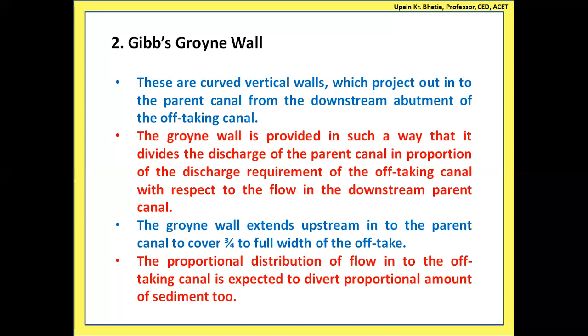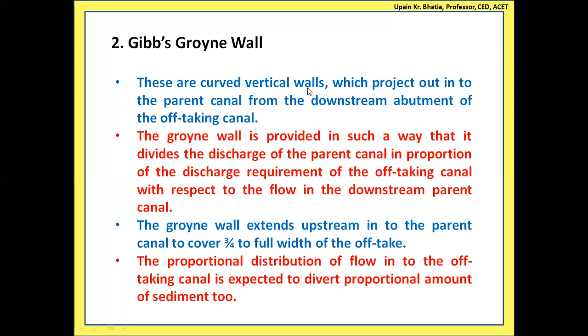It is just in the form of an obstruction or intrusion into the water channel. So these are curved vertical walls. These are curved and vertical walls which project out into the parent canal from the downstream abutment of the off-taking canal. Just listen, just see it carefully.